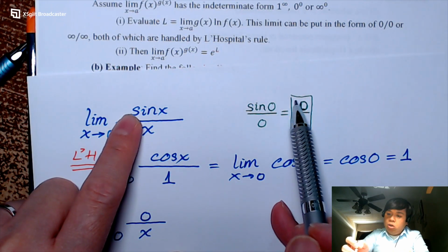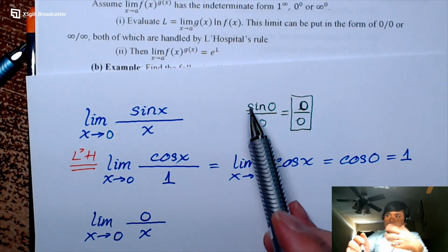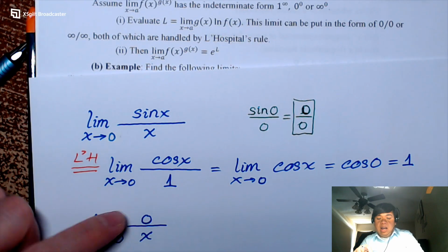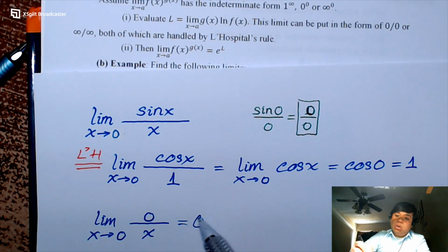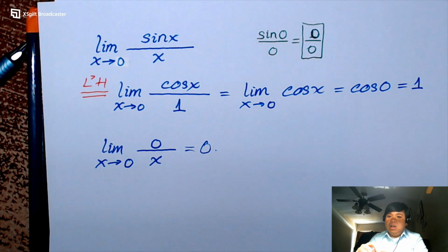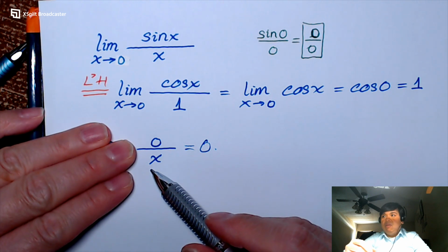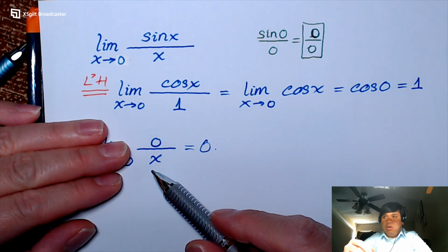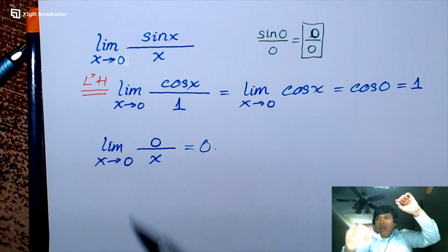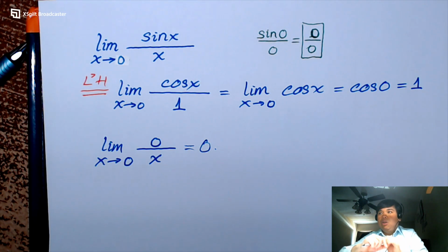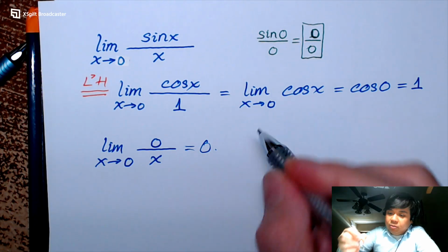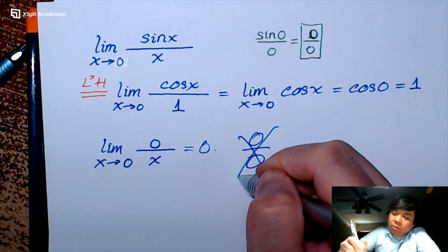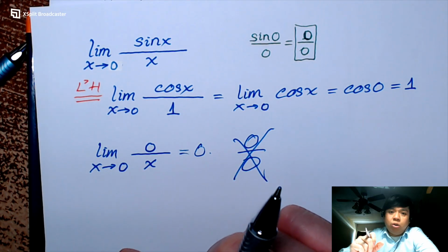So that's different from something approaching 0 over something approaching 0. In this case, this is actually equal to 0, because 0 over x, if x is not equal to 0, is going to be 0. So 0, 0, 0 all the way, and so it's approaching 0. So this is not an indeterminate form, so it's not the L'Hopital rule. Just want to mention that.